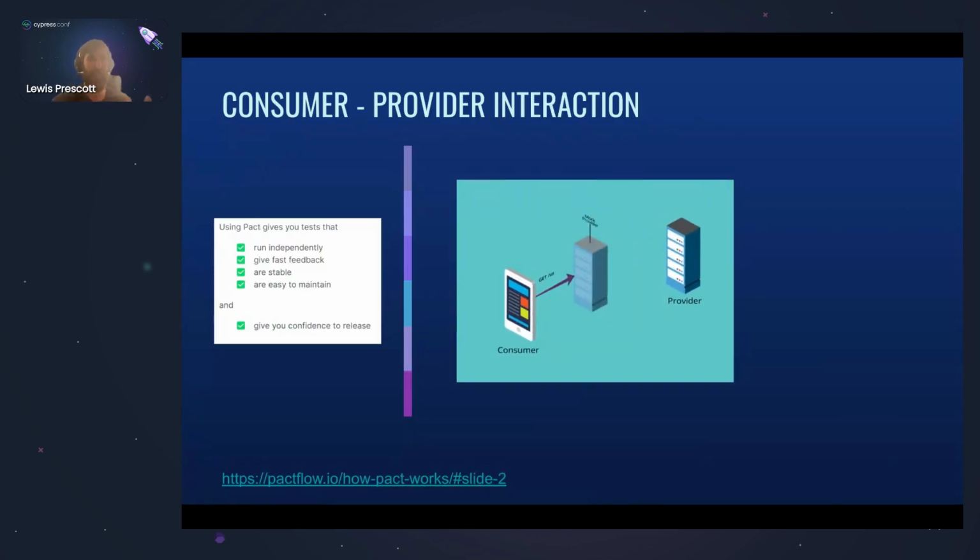And so this is a diagram, well, a GIF from Pactflow demonstrating that process. So the consumer makes a request and a mock is returned and says, this is the mock data that I would expect and in this correct format.